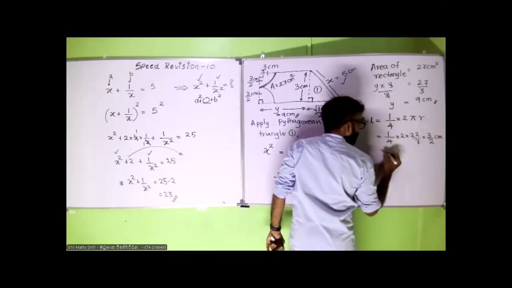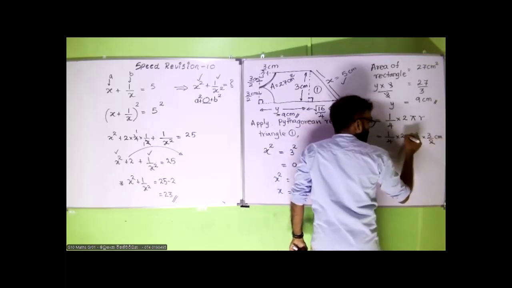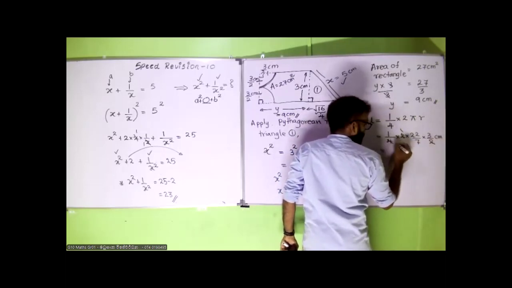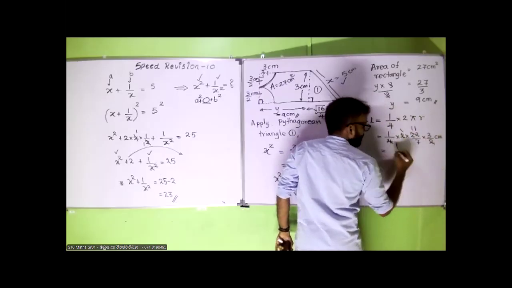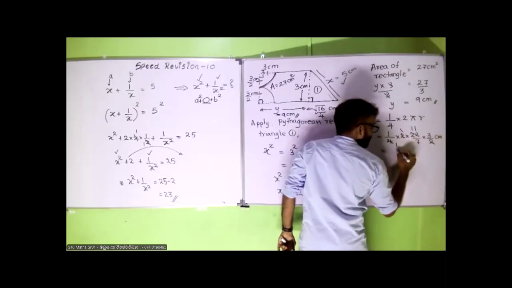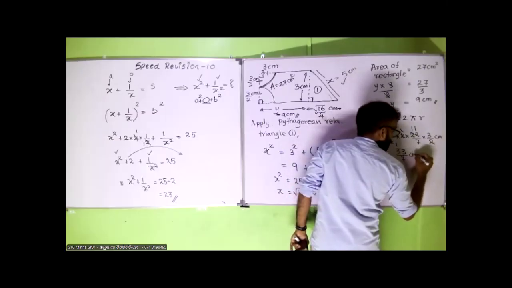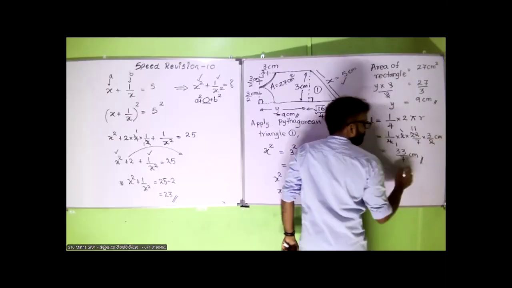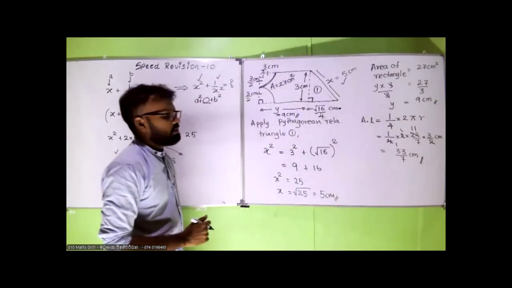So this is how we are going to find the arc length. The answer here is 11 times 3, which gives you 33 divided by 7 centimeters.